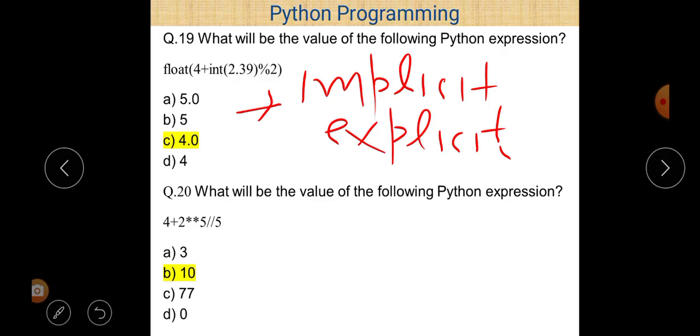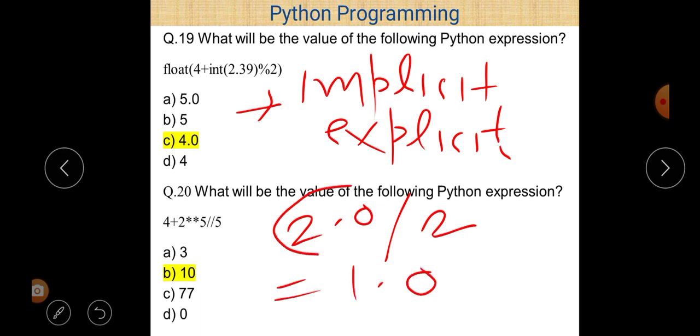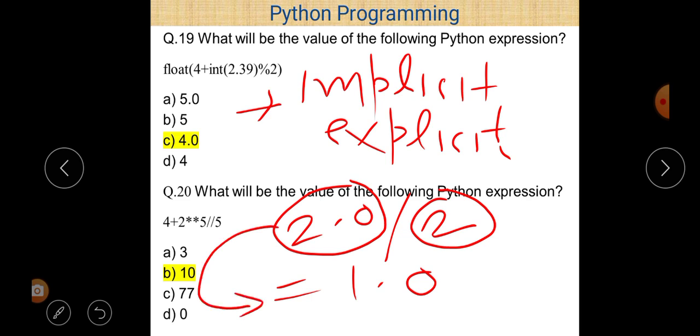For example, if 2.0 is divided by 2, then our answer is 1.0. Here 2.0 is a float value while 2 is an integer value. When one value is a float and the other is an integer, our answer is always a float value.